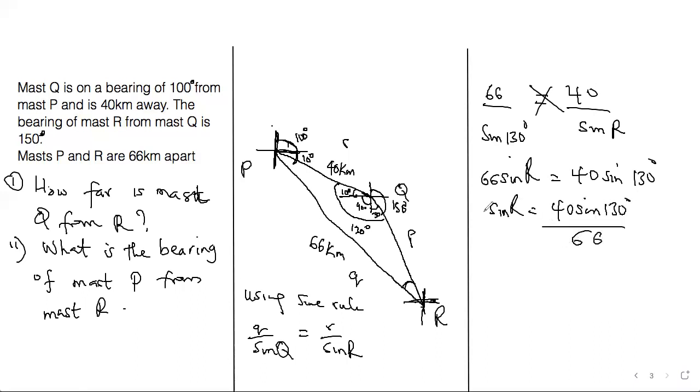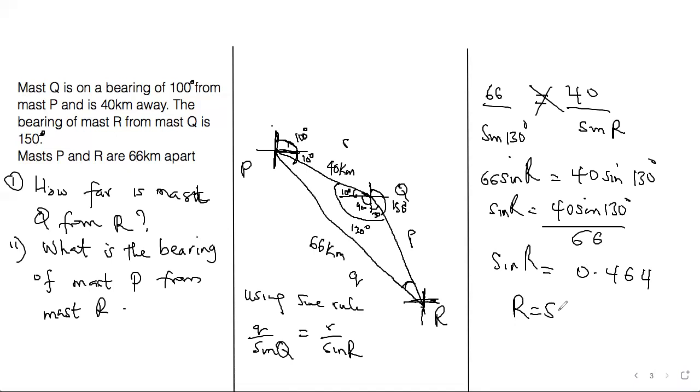So if I press my calculator, I'll have 40 sine 130, then divided by 66. So that will give me sine R should be 0.464.